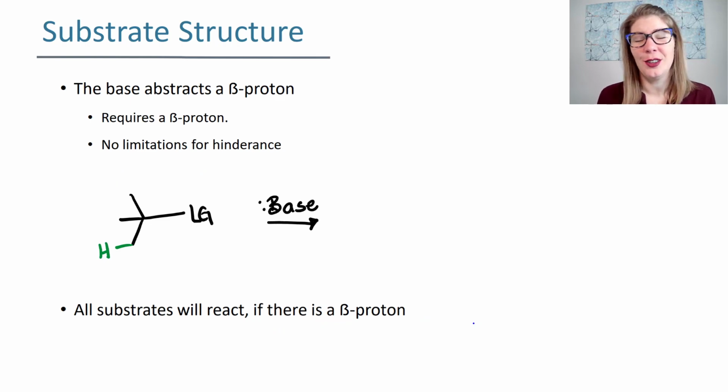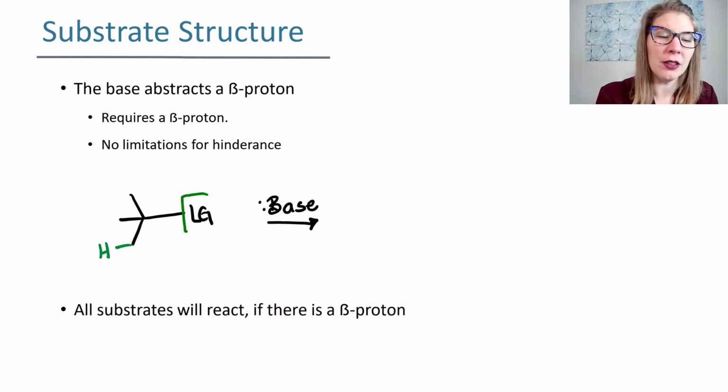Now let's consider the structure of the substrate, which is the thing that has the leaving group. What's going to happen in your E2 reactions is, first thing, the base is going to come in and abstract a proton. The proton that it's abstracting is called a beta proton.